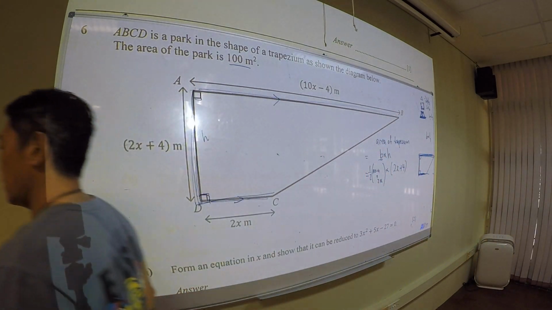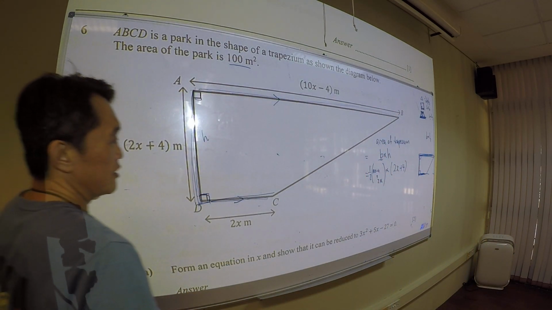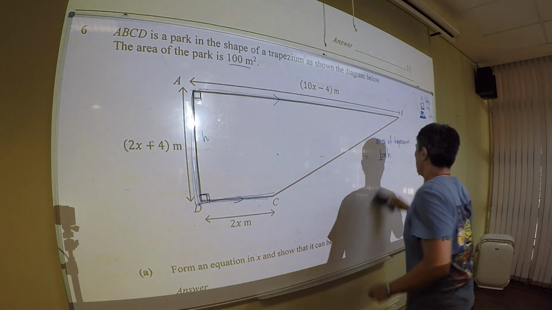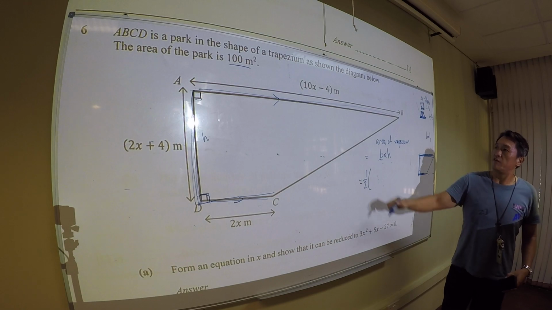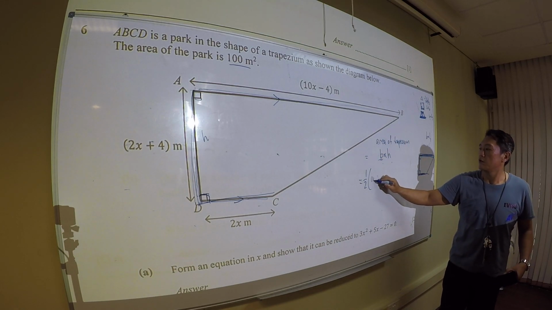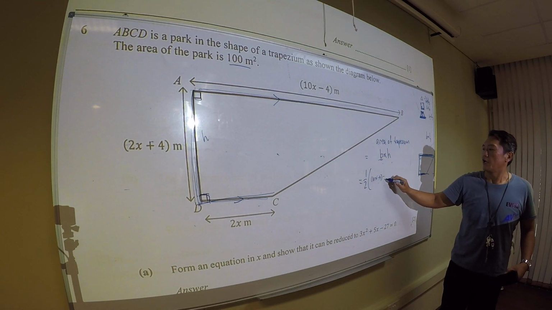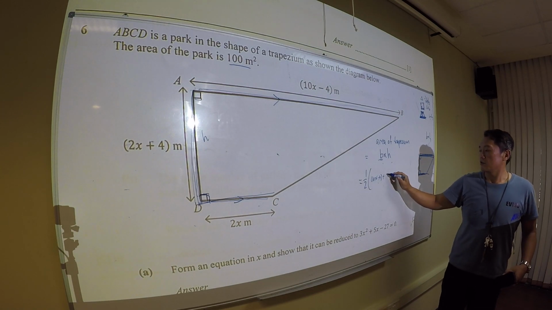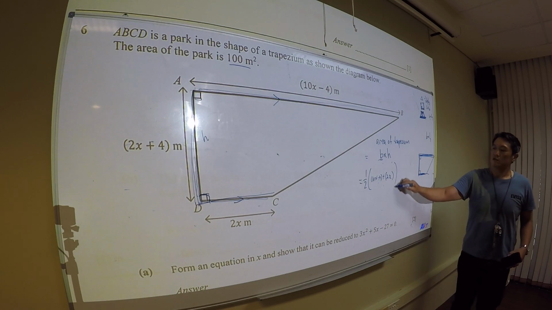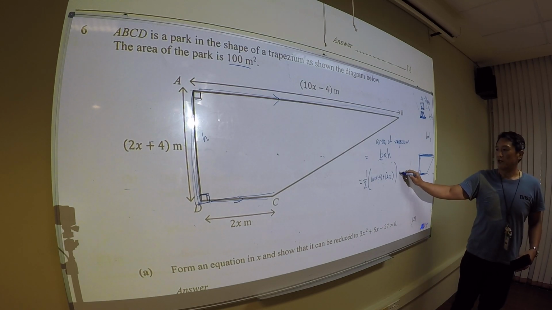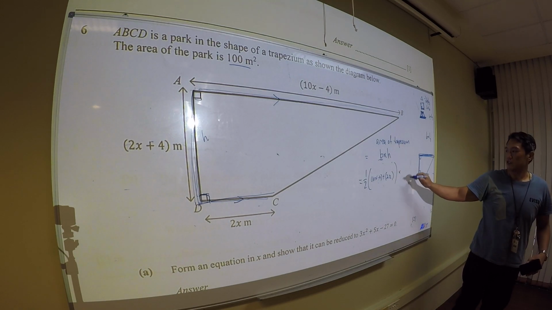Let me write it a bit. So I take the average of the long side and the short side because they are parallel to each other, multiply by the perpendicular distance.